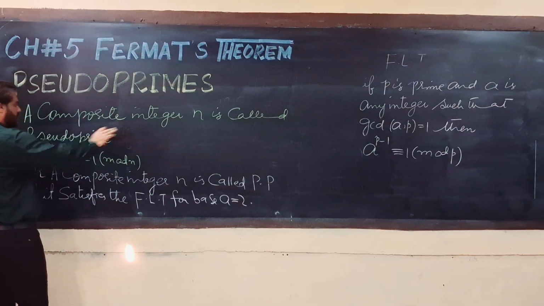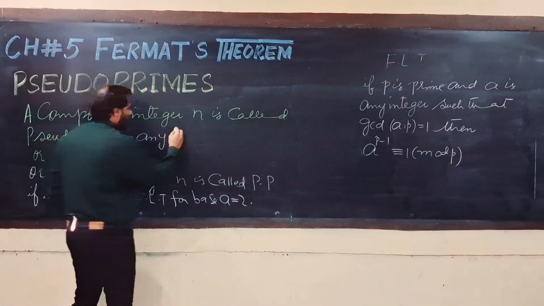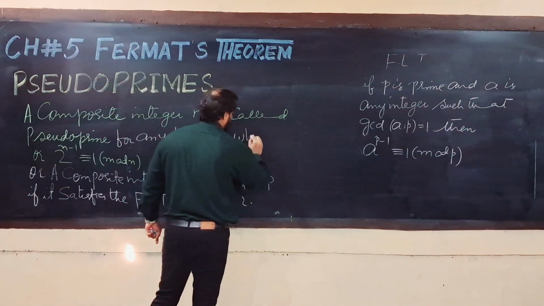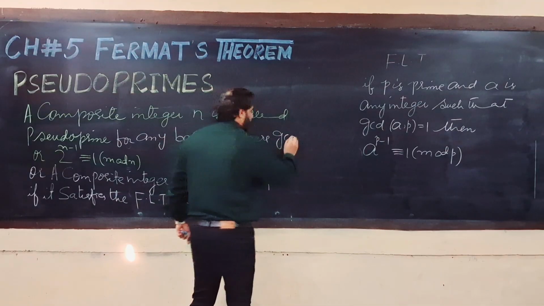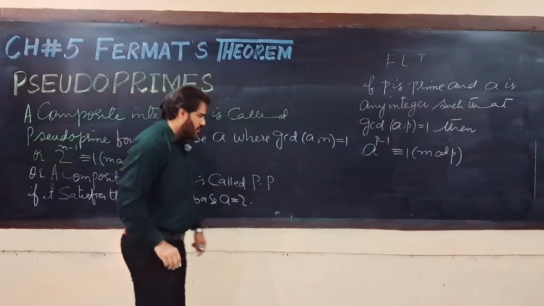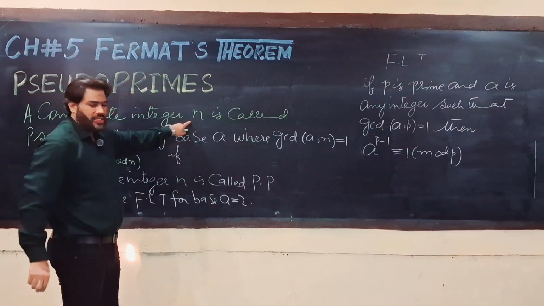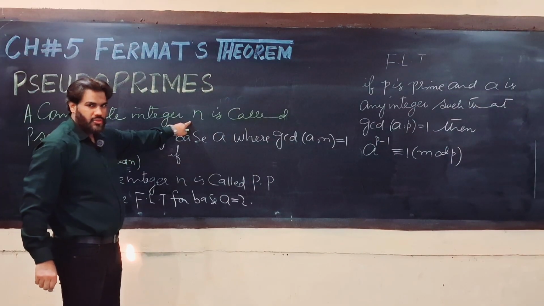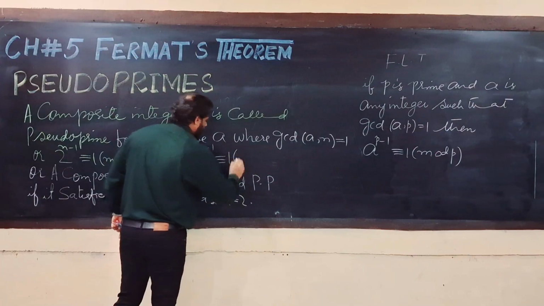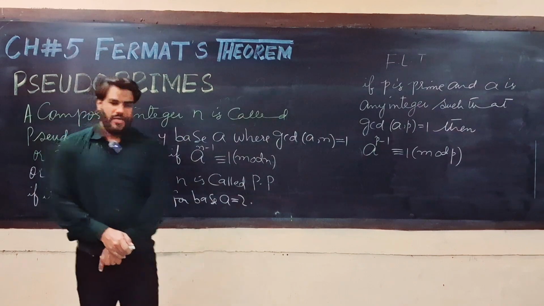A composite integer n is called pseudoprime for any base a, where a and n are co-prime, that is their GCD is 1, if this integer n satisfies the Fermat Little Theorem criterion, that is a raised to power n minus 1 is congruent to 1 modulo n.